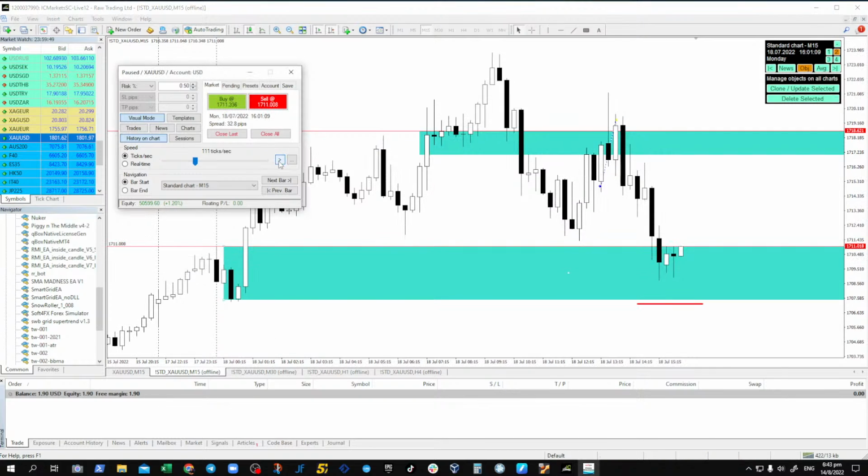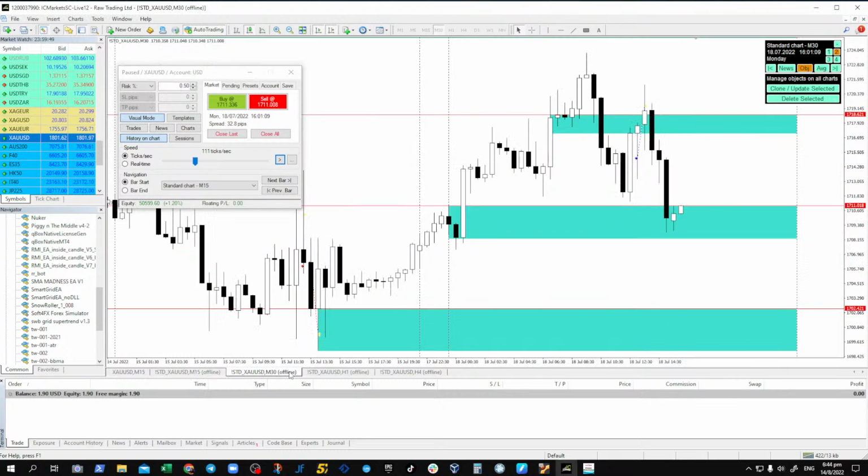Okay. So now this is a bullish pin bar. It happened inside the zone. So looking at the overall trend, at least on M30 it is bullish.